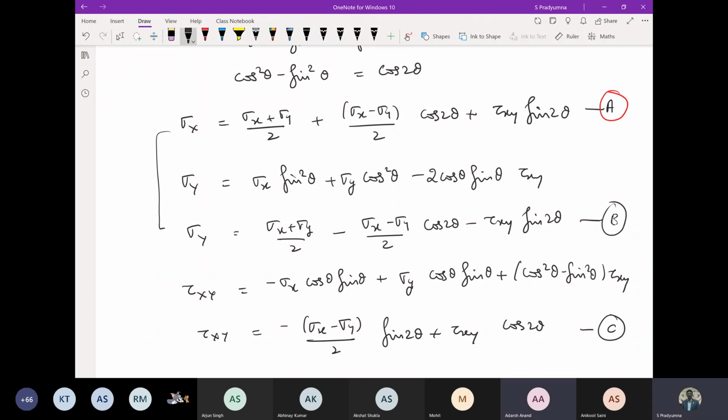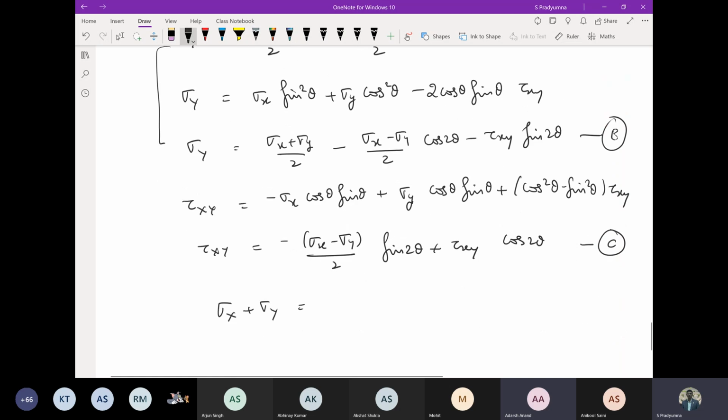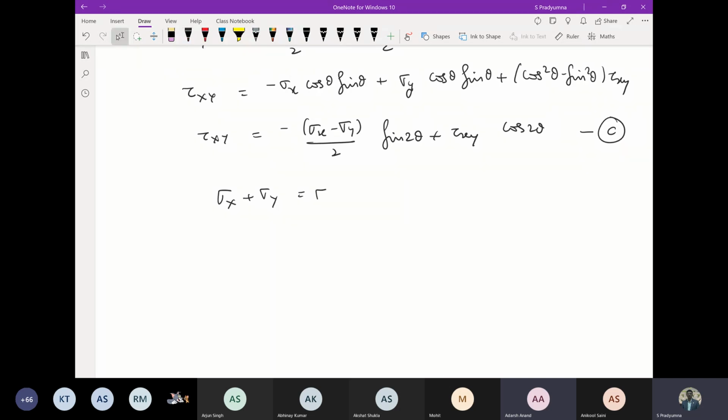Sigma small x plus sigma small y. So this is again equal to invariant 1, where sigma z is equal to 0, correct?